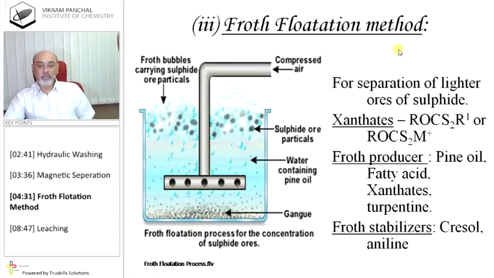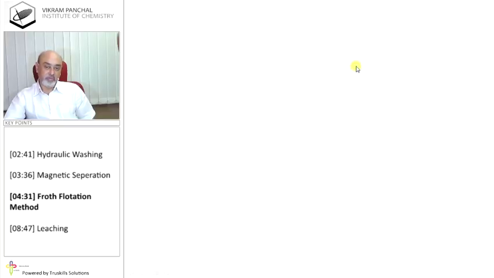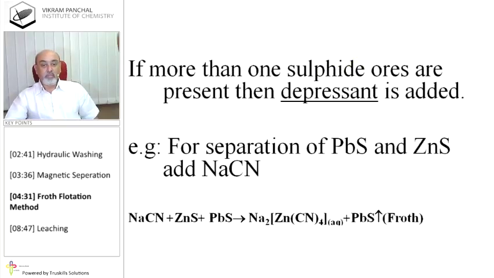So with the help of the froth flotation method, we can separate sulfide ores. If more than one sulfide ore is present, then a substance called a depressant is added. For separation of lead sulfide and zinc sulfide, we can add sodium cyanide.